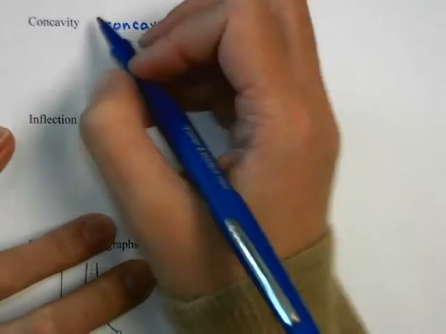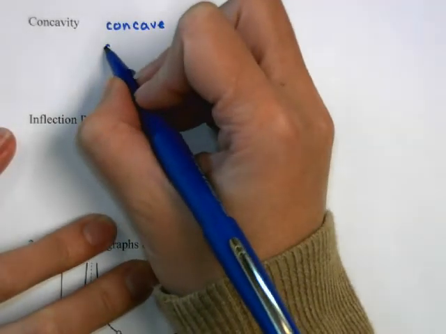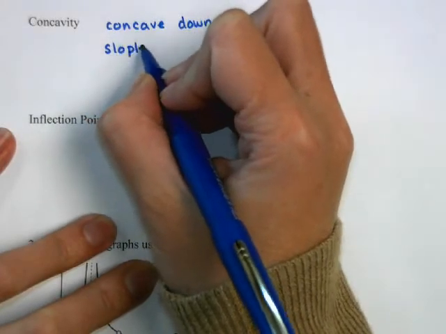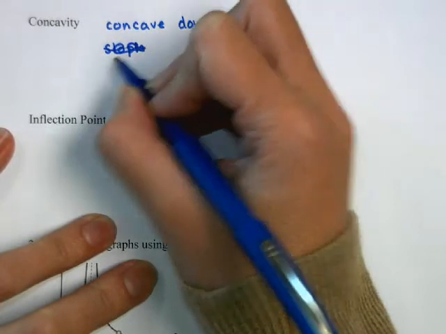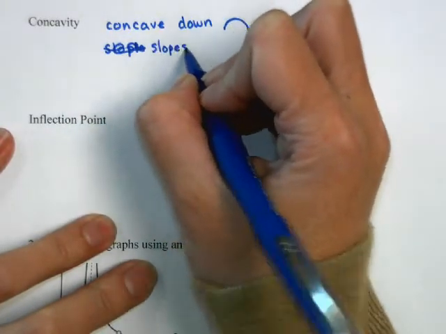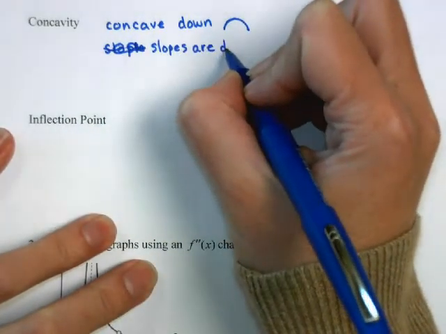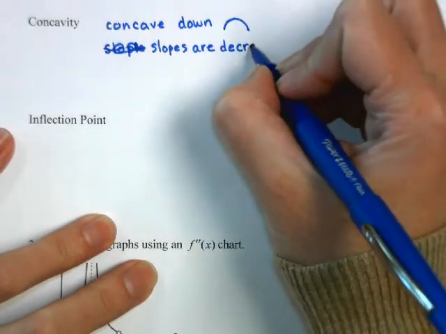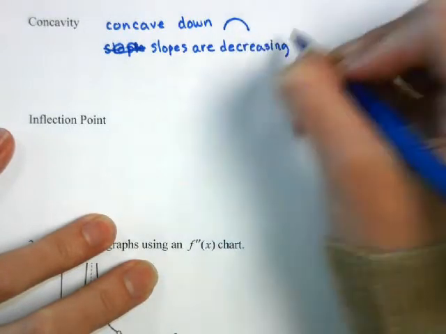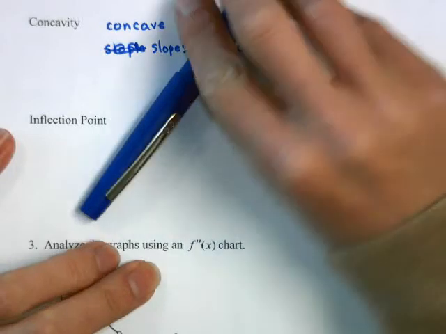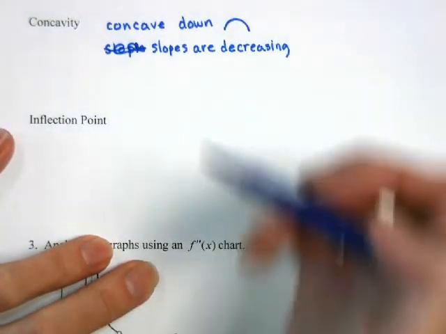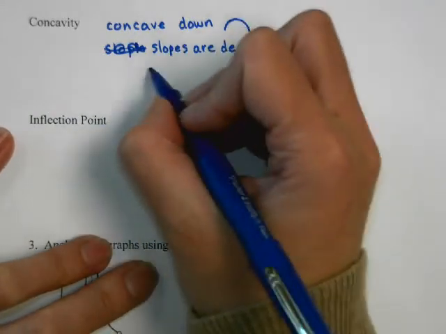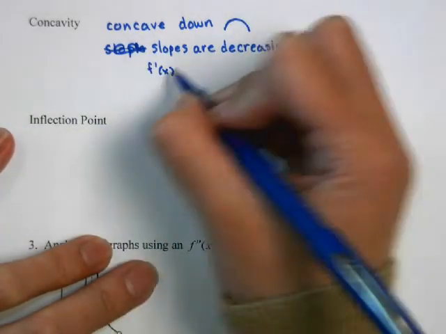It means that the slopes are decreasing. So if I use this, my slopes would be positive, then they're 0, then they're negative. So the slopes themselves are decreasing. It means f prime of x is decreasing.